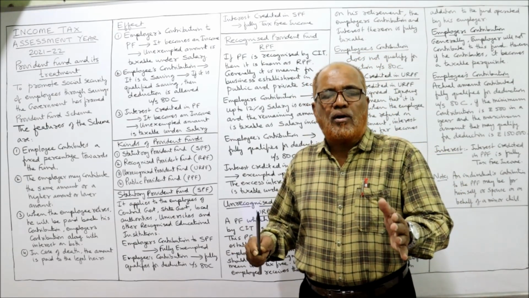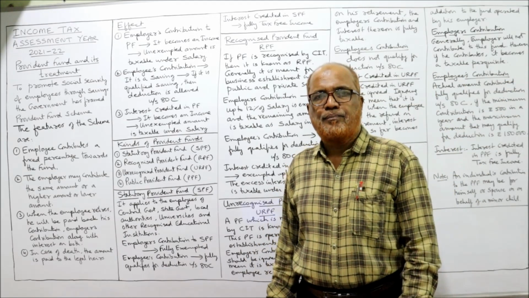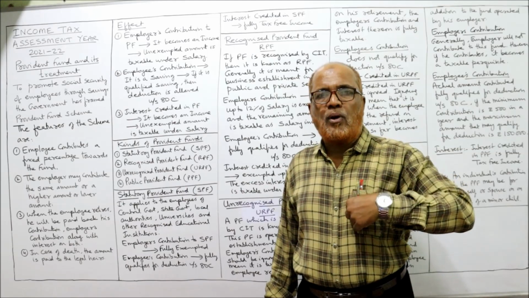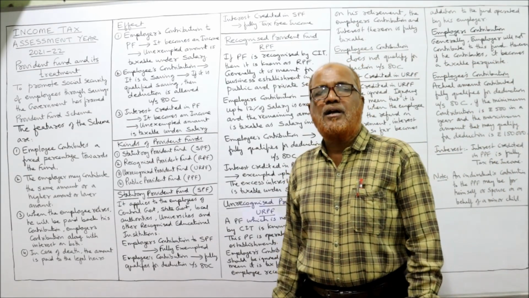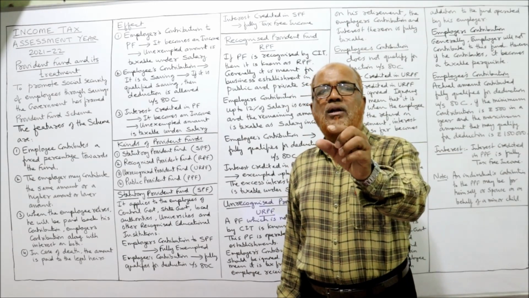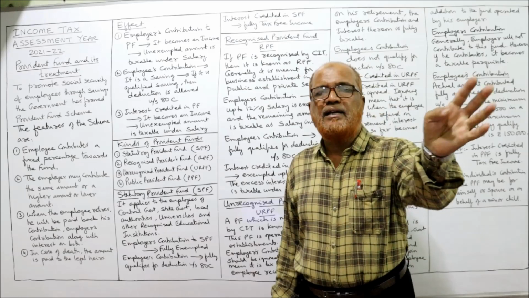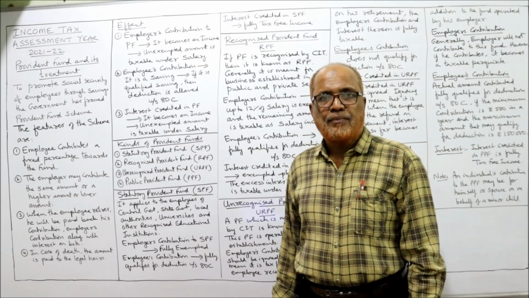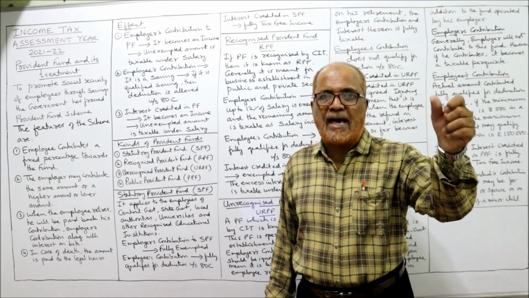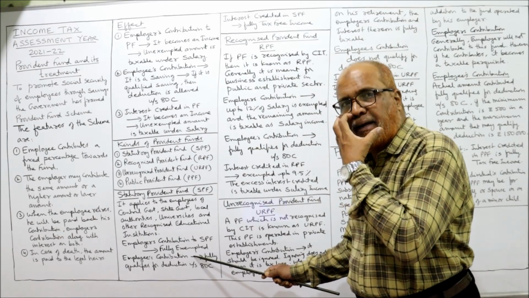In your organization, the employer is maintaining SPF, so every month the employer is contributing to your SPF. The Income Tax Act says the employer's contribution to SPF is fully tax-free. This point you have to remember. Very important point: the employer's contribution to SPF is fully tax-free, exempted from tax.